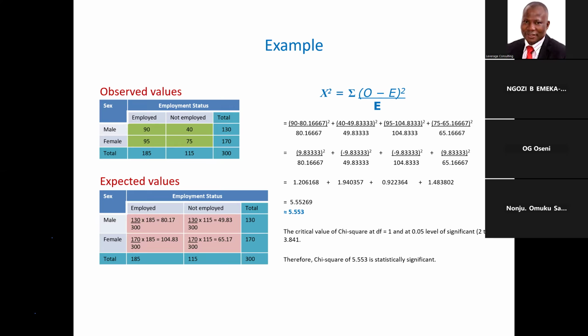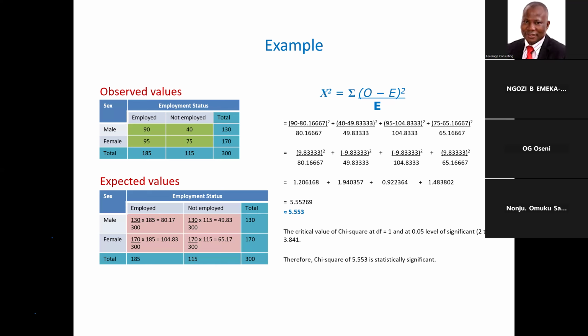The same thing for female. Since female constitute 170 out of 300, 170 over 300 times 185 should be the number for the female. So normally it should have been 80.17 for the male and 104.83 for the female, and the two still add up to 185.